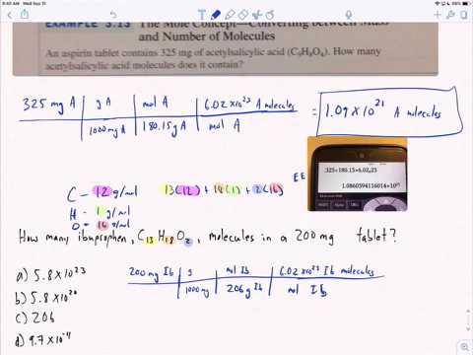Will you put that in your calculator? It's going to do 200 divided by 1,000, 0.2, divided by 206, times 6.02. Yeah.